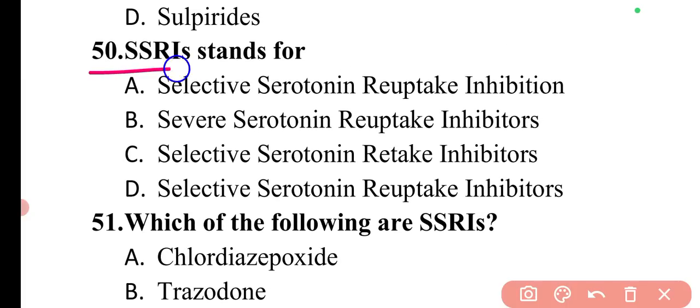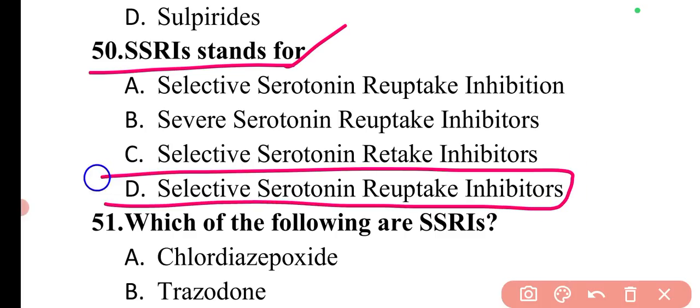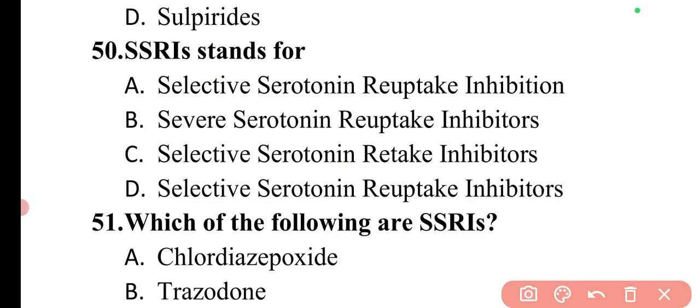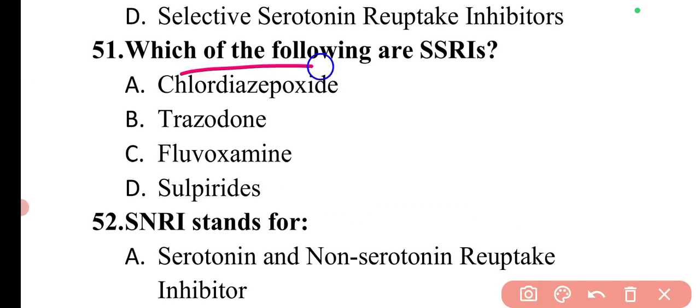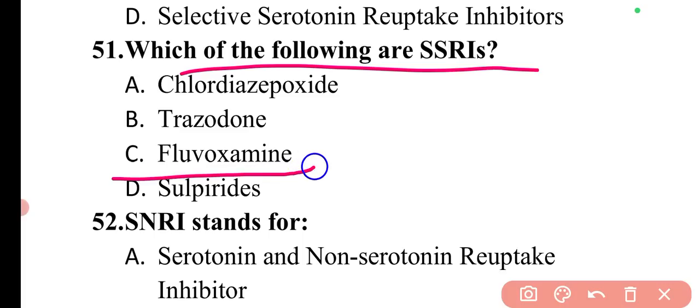Next question is, SSRIs stands for. So SSRI is selective serotonin reuptake inhibitor. So here option D will be the correct answer. Then next question is, which of the following are SSRI selective serotonin reuptake inhibitors? So these drugs include fluvoxamine. So here option C is correct.